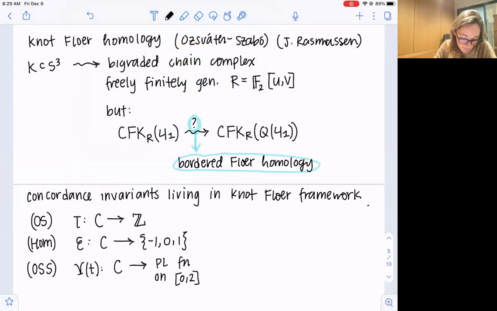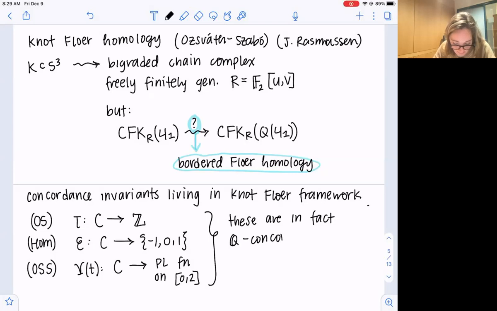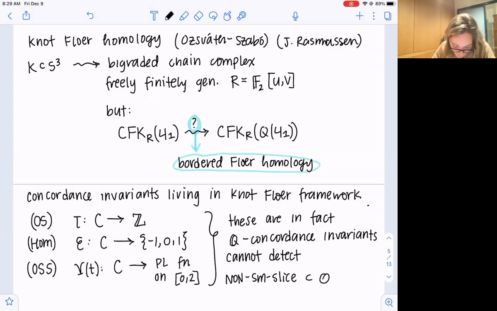But a limitation again of this is that these are in fact rational concordance invariants, and so they cannot detect the subgroup of non-smoothly slice knots within the group of rationally slice knots. And that's exactly what we would like to be able to detect.